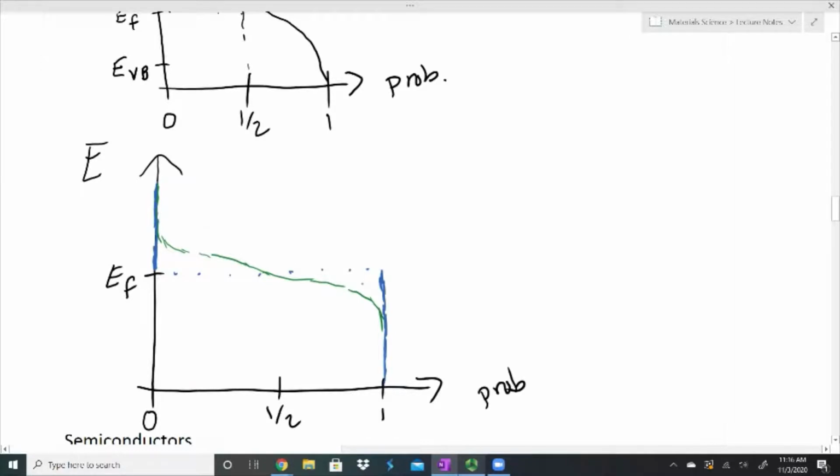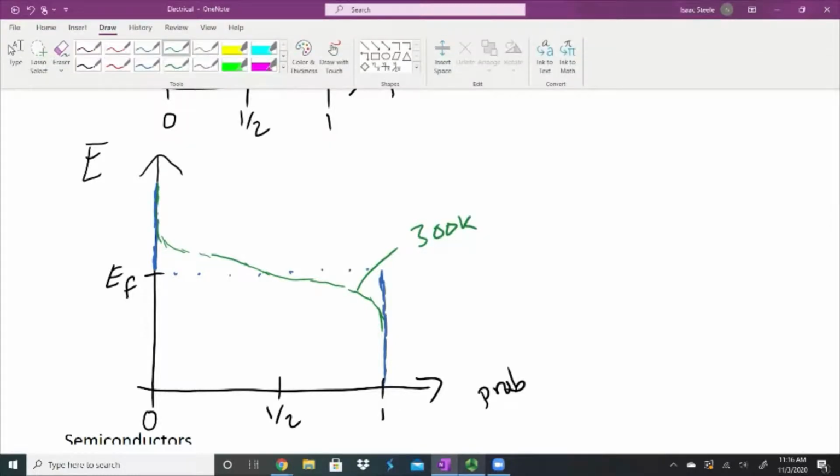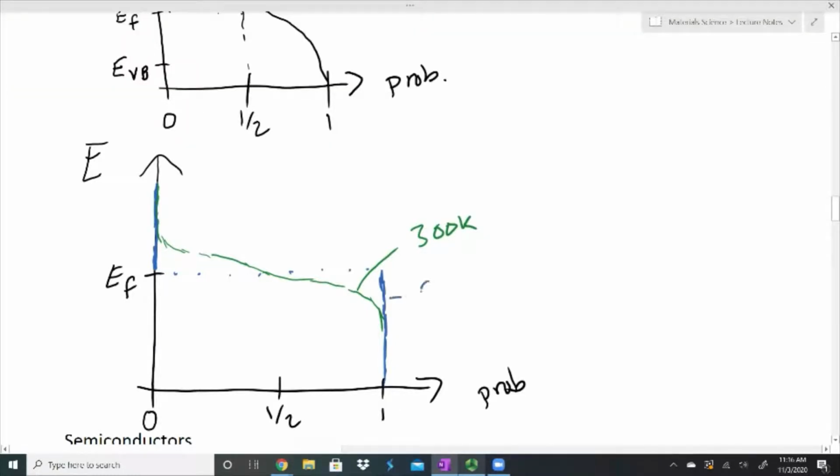So let's say that this green one is at 300 Kelvin. Let's say this blue one was at 0 Kelvin. And then let's say that we heat it up quite a bit. The more that we heat it up, the more probability we will find an electron that has been promoted. We have the thermal energy to do that.